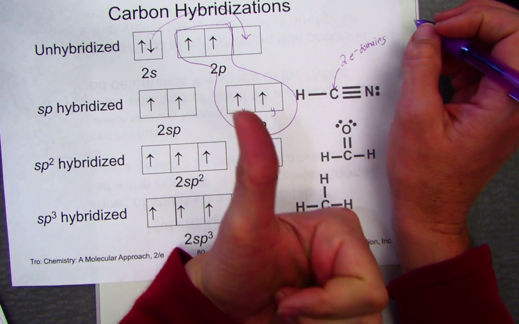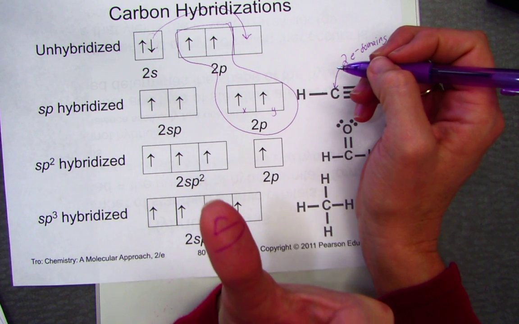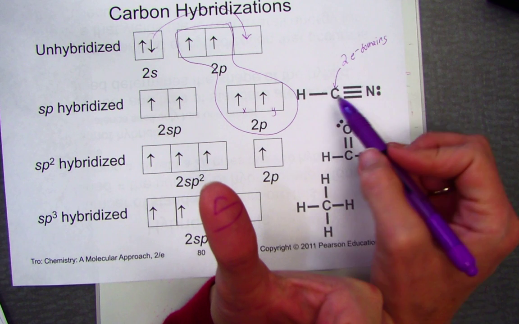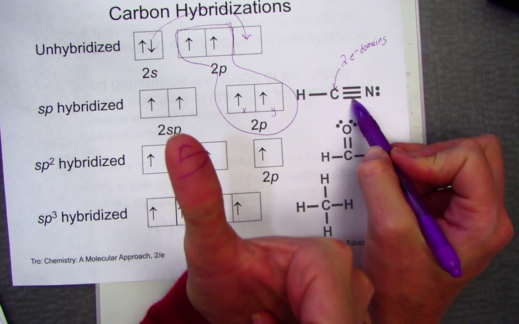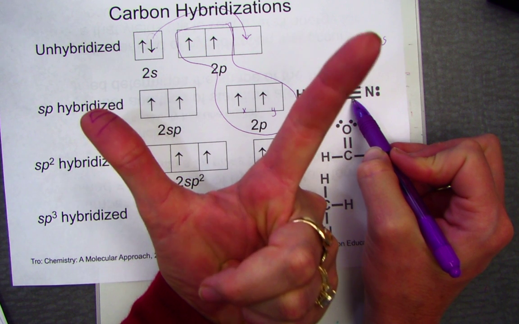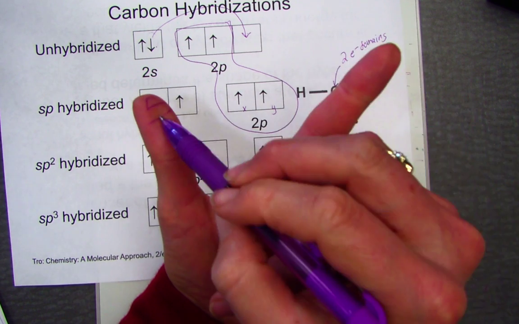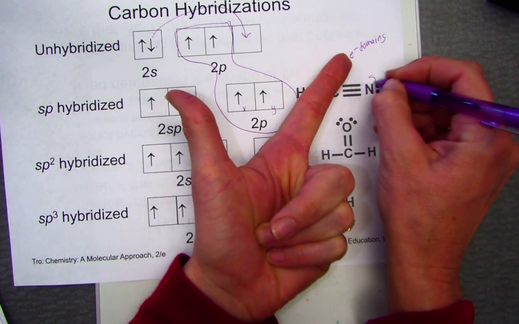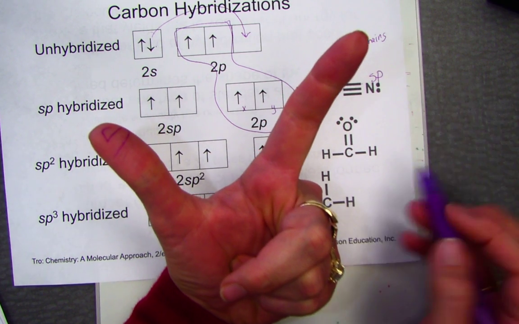Your thumb is always the s. Draw an s on your thumb. I just did. 2 electron domains. Thumb first always. One of them will always be an s. To get two fingers in the air, a thumb and a finger, to get 2 electron domains, sp hybridization. sp, 2 fingers in the air.